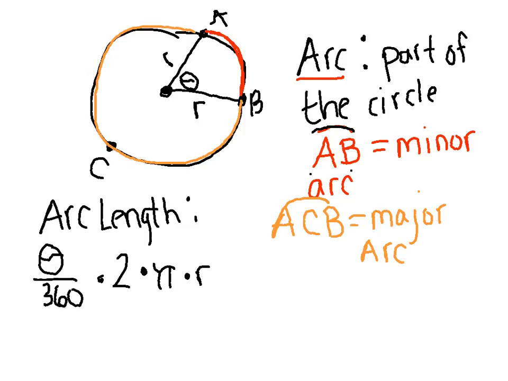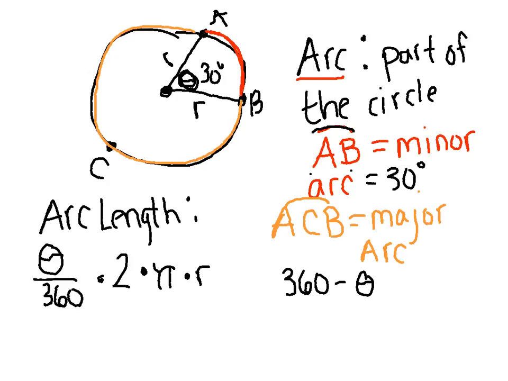We will always be given the major arc or the minor arc value. You will always know this right here. If I wanted to calculate the major arc, I would do 360 minus theta. So let's say that this measure right here was 30 degrees, and that's the minor arc.